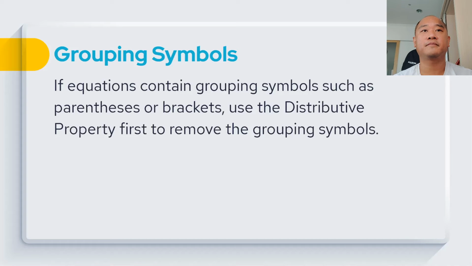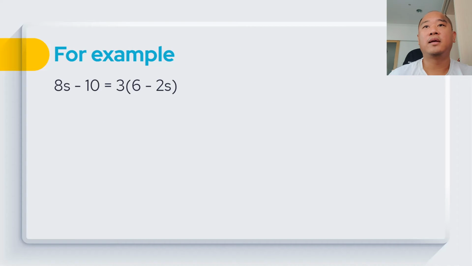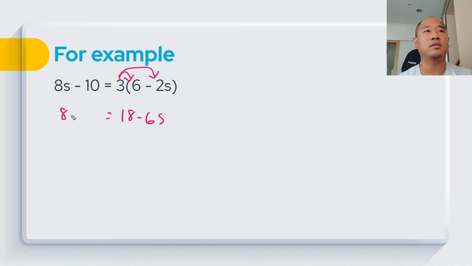Okay, let's look at an example. 8s minus 10 equals 3 times 6 minus 2s, or the product of 3 and 6 minus 2s. So we could distribute this, and that would be 18 minus 6s equals 8s minus 10.